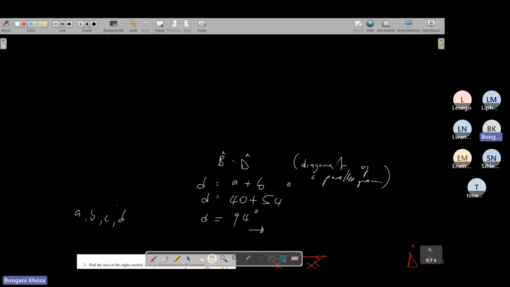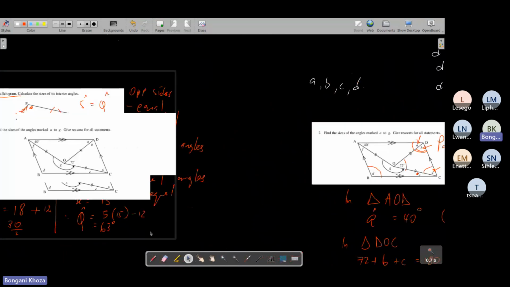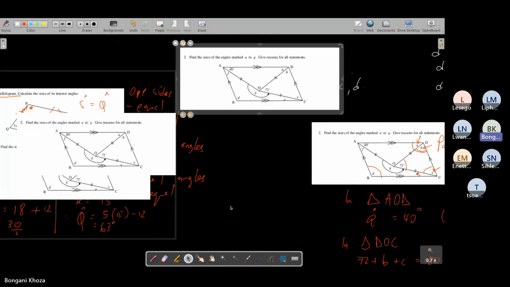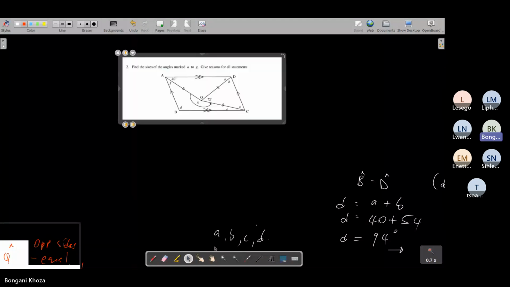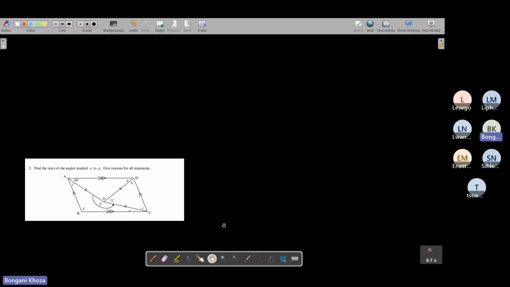Let me move this document somewhere up here so that we have space.